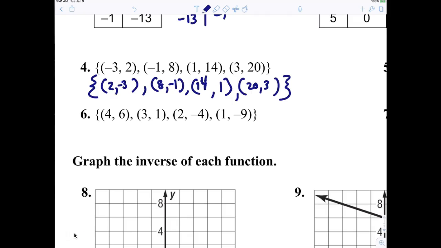Anybody have any issues with that? I told you, very simple. Very good.